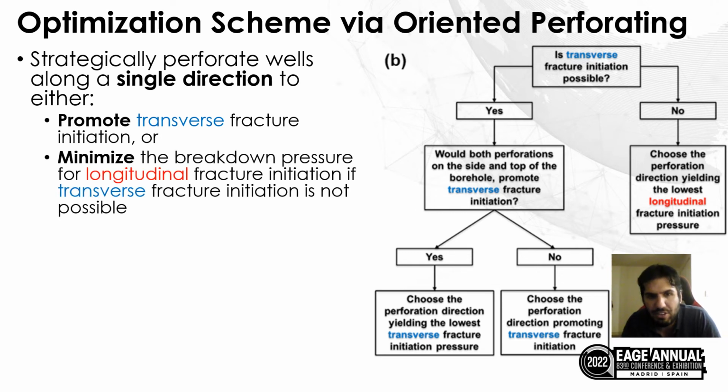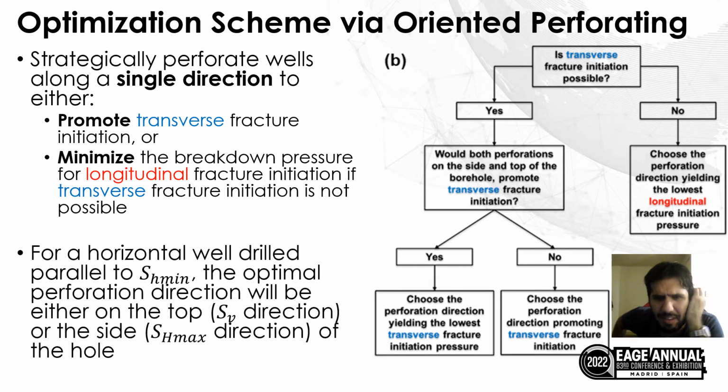If transverse fracture is not possible, then the best you can do is get those longitudinal fractures to start at the lowest possible breakdown pressure so that you minimize the amount of horsepower that you want to have at the field. And this is the flow chart I'm using.